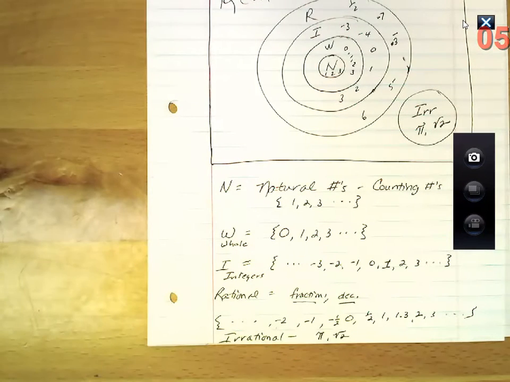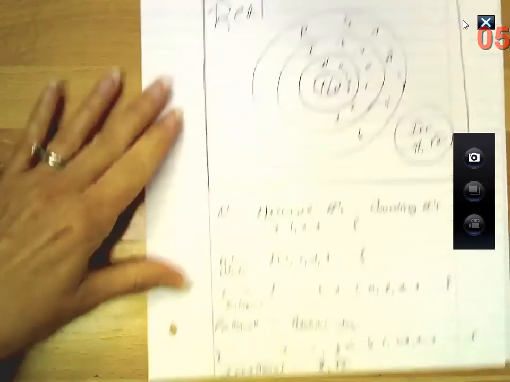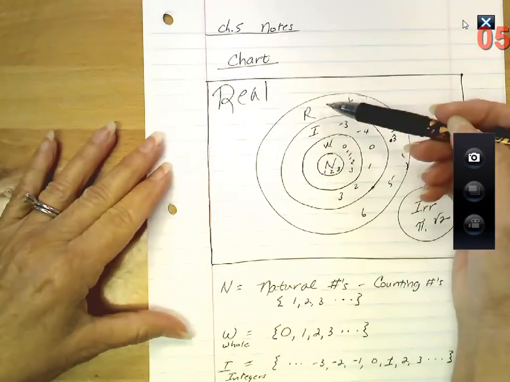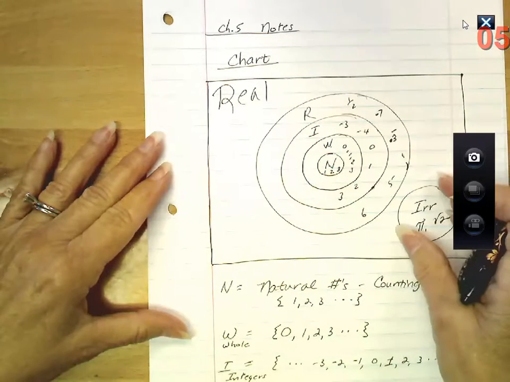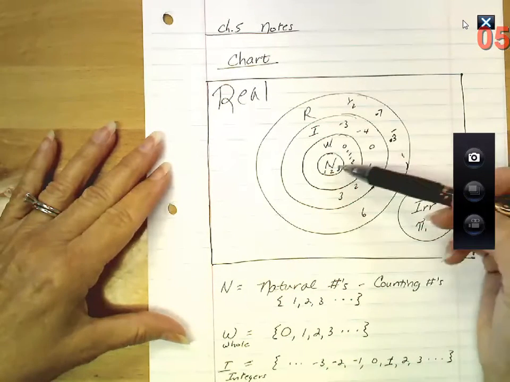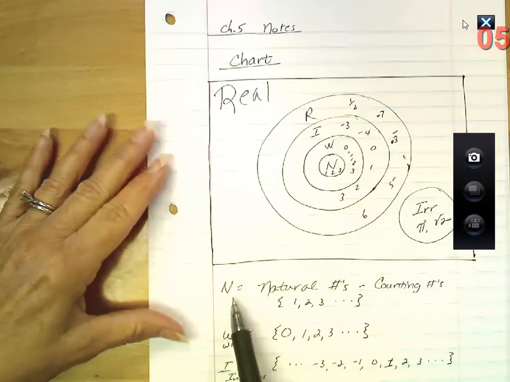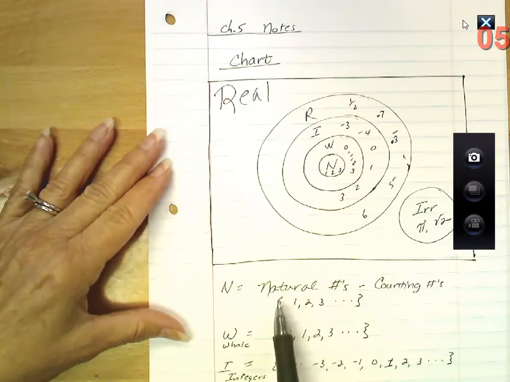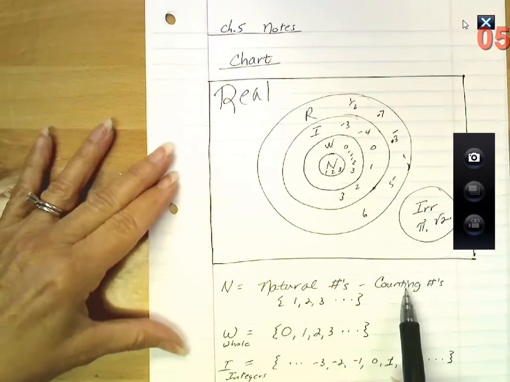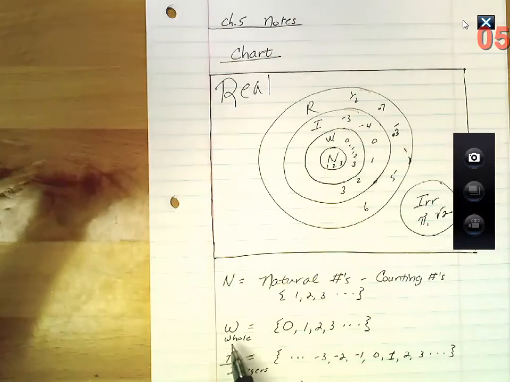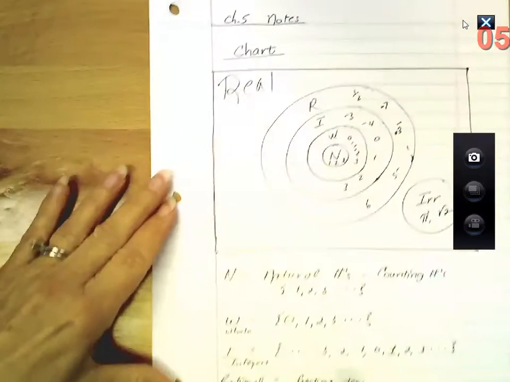Now the best way to learn this is go natural, whole, integers, rationals, reals, and then stick the irrationals over here. Natural numbers are the counting numbers. It's natural to count with 1, 2, 3. Whole numbers, add the 0.